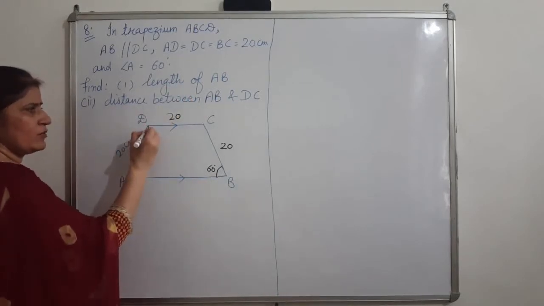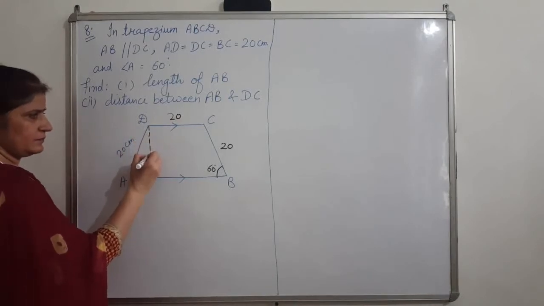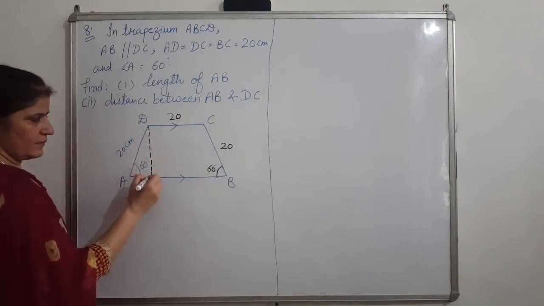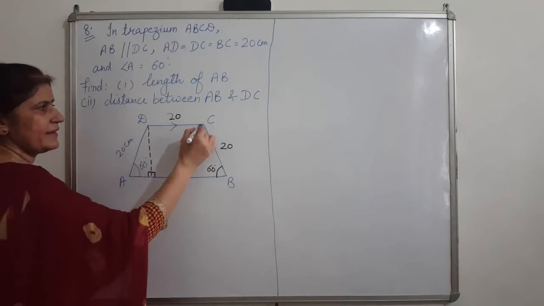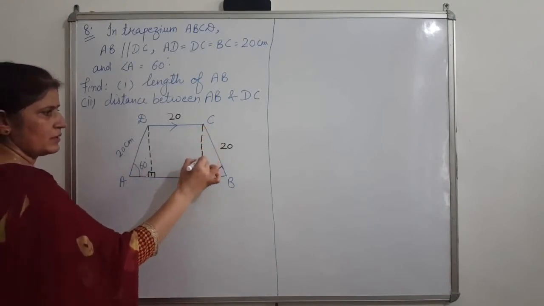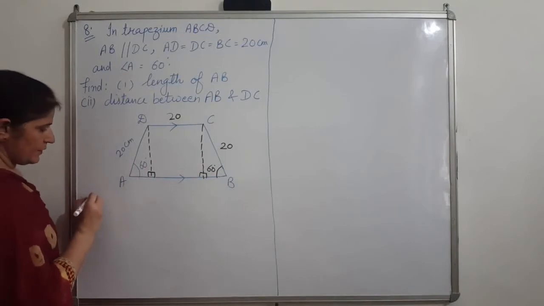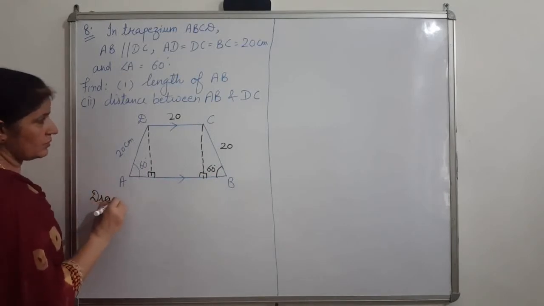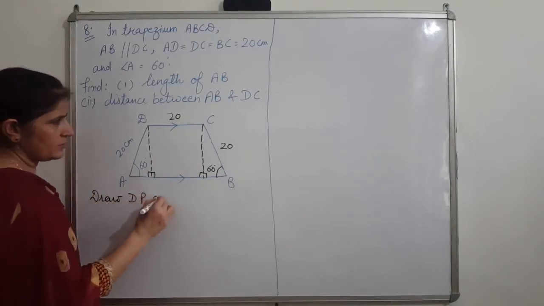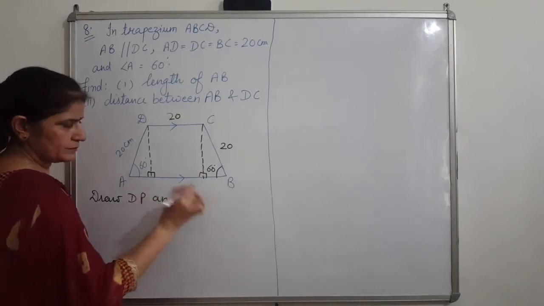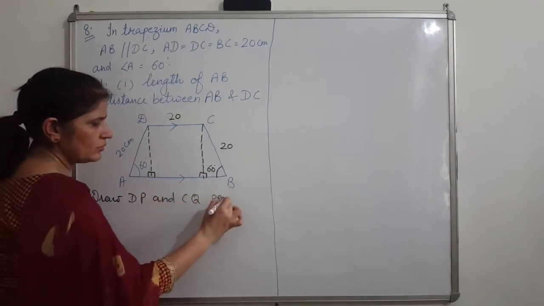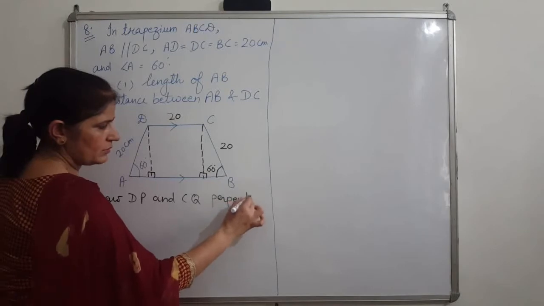We draw perpendiculars here, similarly here also. So we write here, draw DP and CQ perpendicular to AB.